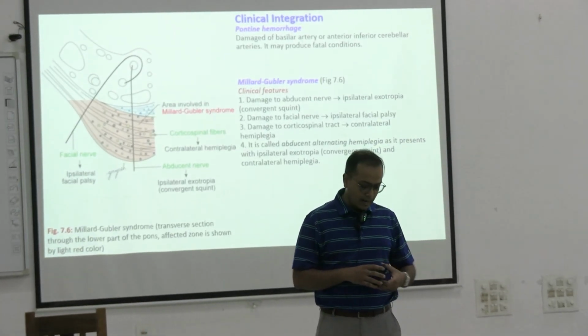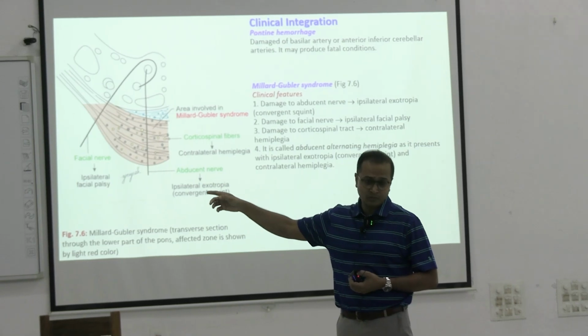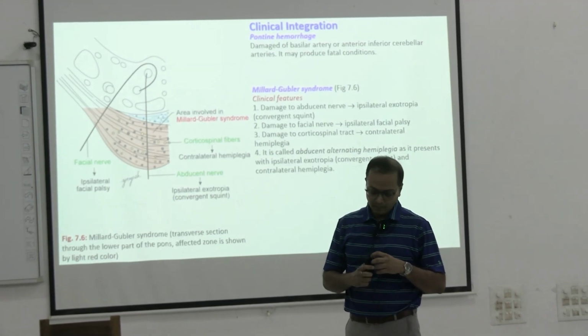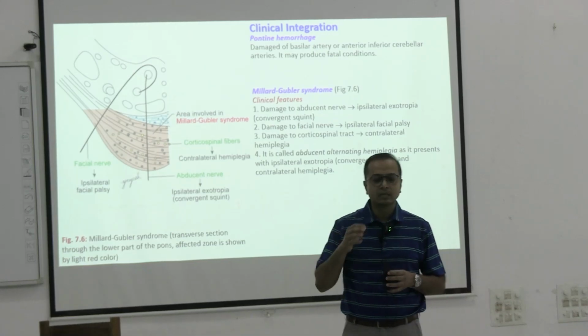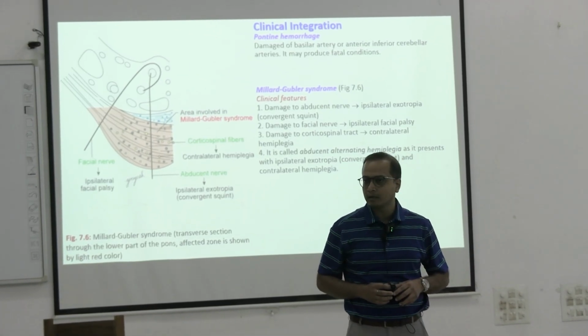So these two entities are the clinical problems that you have to understand with the gross features and the cross-sectional pictures. In examination, if it comes as exam questions on the Pons, these are the regions that you need to understand. Okay.